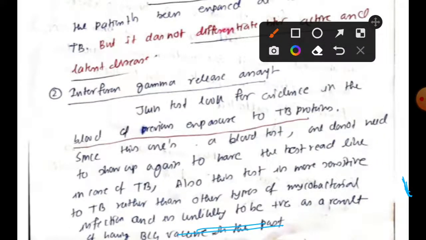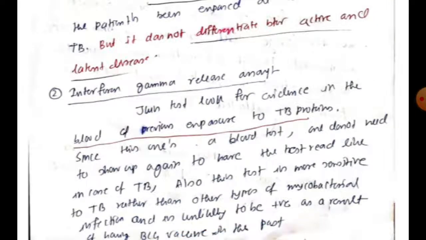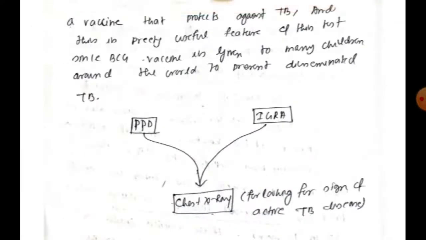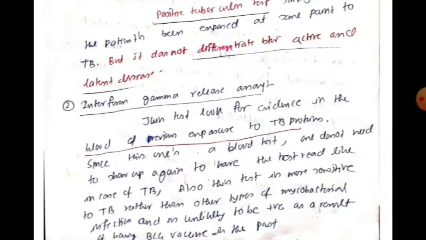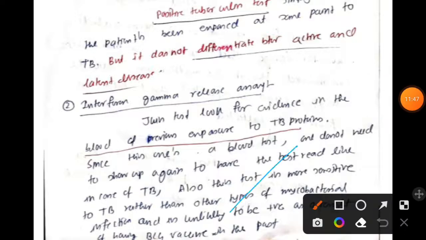So what is the BCG vaccine? The BCG vaccine is nothing but a vaccine that protects us from tuberculosis. The interferon gamma release assay does not provide any positive result just because of previous BCG vaccination, but tuberculin will surely give a positive result for the BCG vaccine.